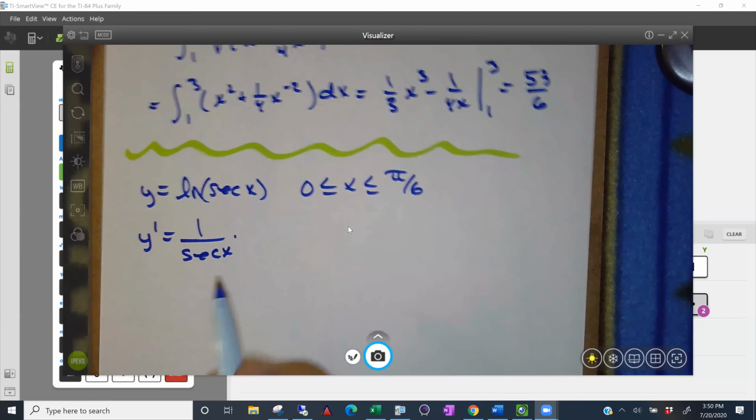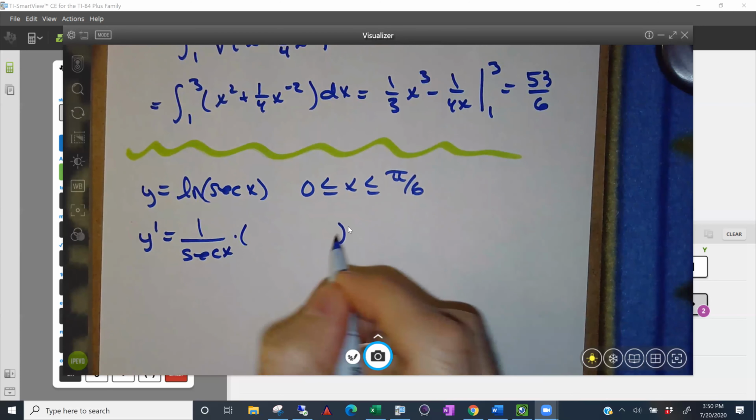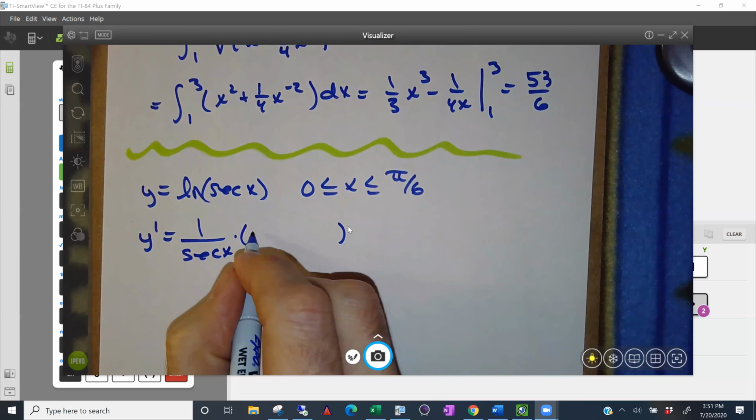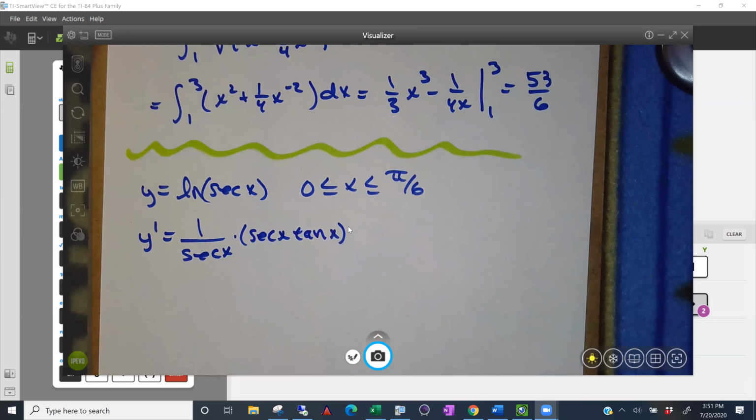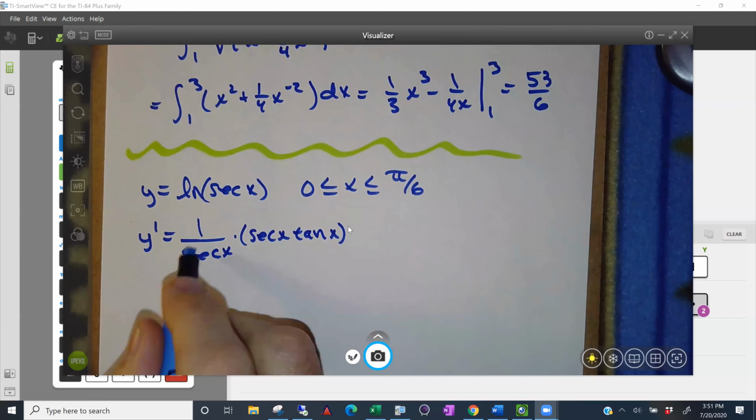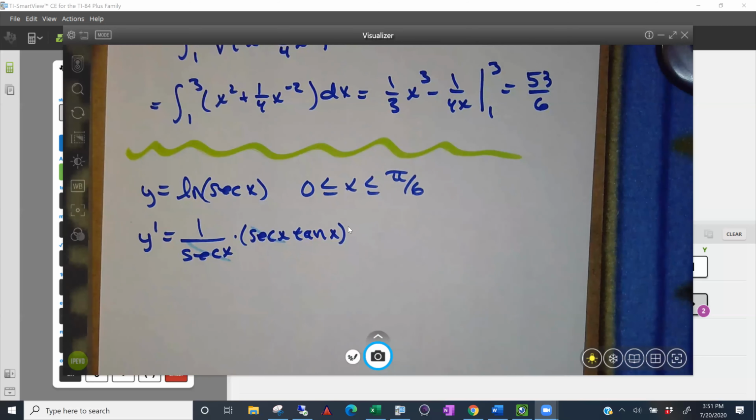The derivative of u, what's the derivative of secant? This is your turn. Secant x tangent x. Nice. Secant x tangent x. Thank you. And isn't that special? Secants disappear.